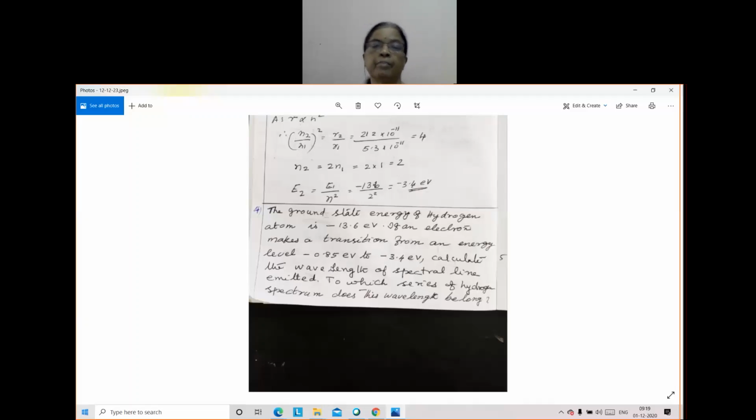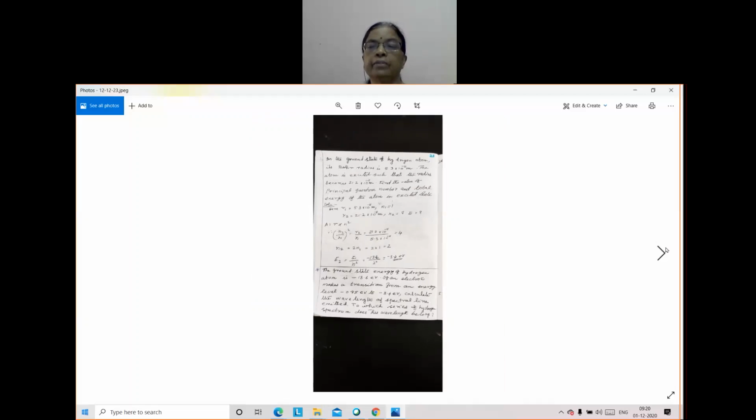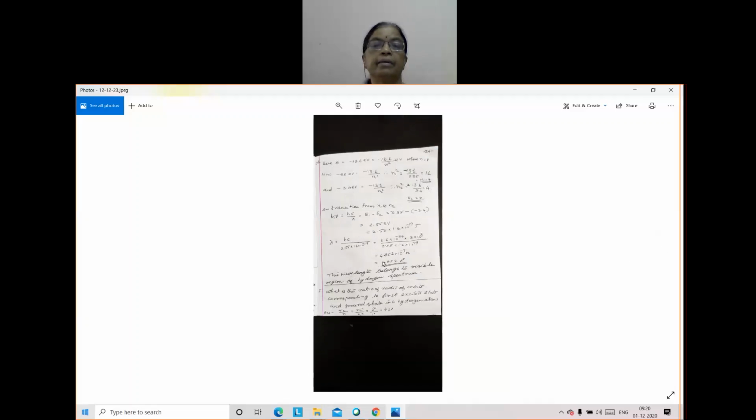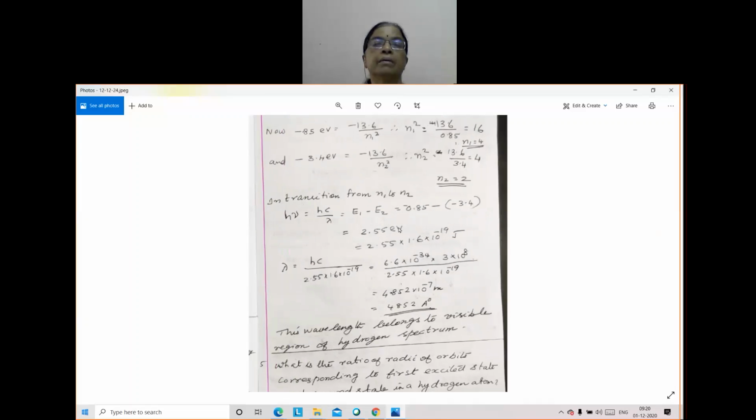So what is the energy difference? That difference you have to find out. Energy E1 minus E2 equal to minus 0.85 minus 3.4, that is 2.55 eV.